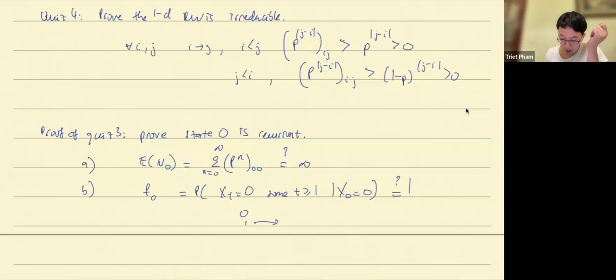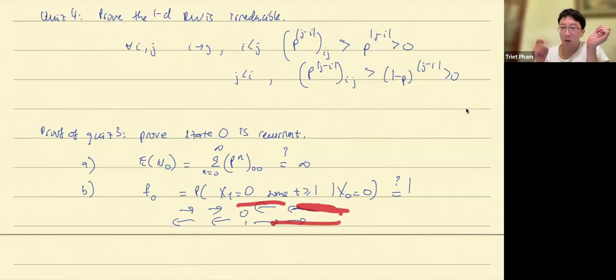Well, you either go right, and then at some point you have to go left, or you go left, and at some point you have to go right. Now, having said that, it's still not easy, because what if you just keep cycling back and forth between so many states? You can go here, and then you cycle back and forth before you decide to go back.